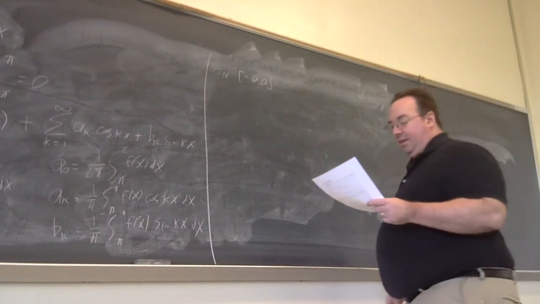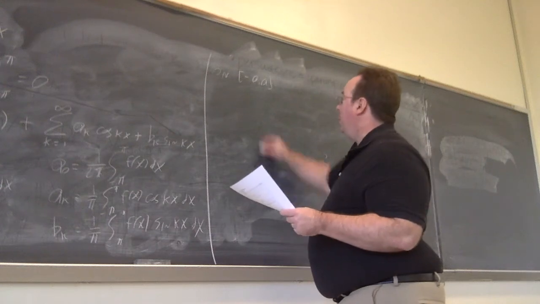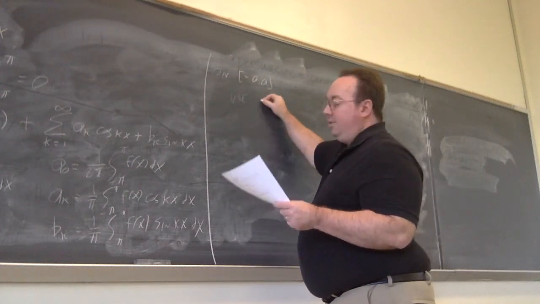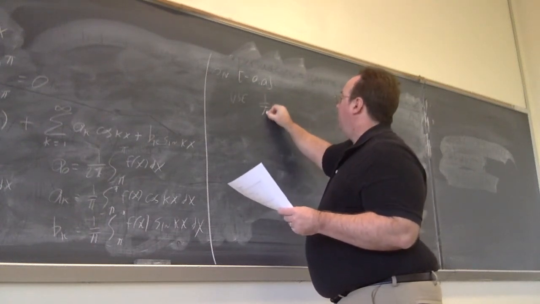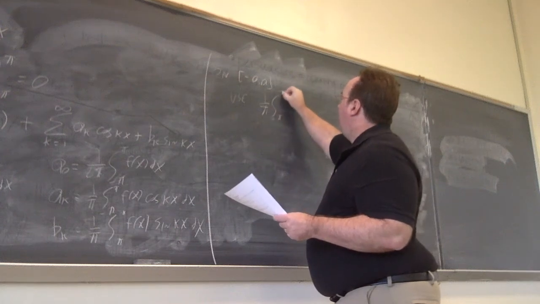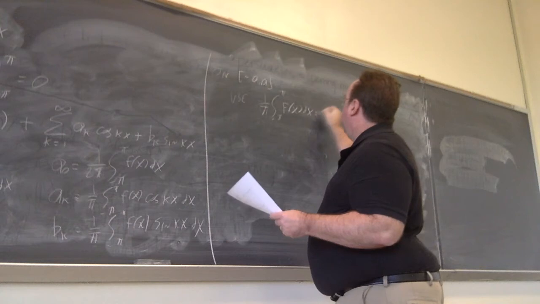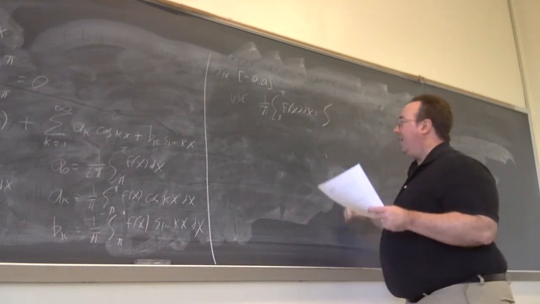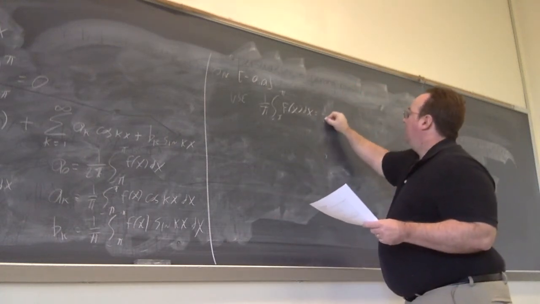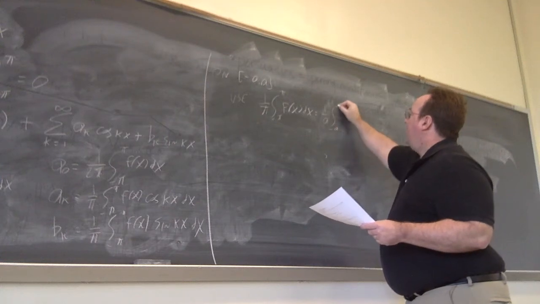It's not even all that interesting. So what happens is, in general, use this. If you just have this integral of this form, integral over minus pi to pi, and you want to rewrite it as an integral from minus a to a.